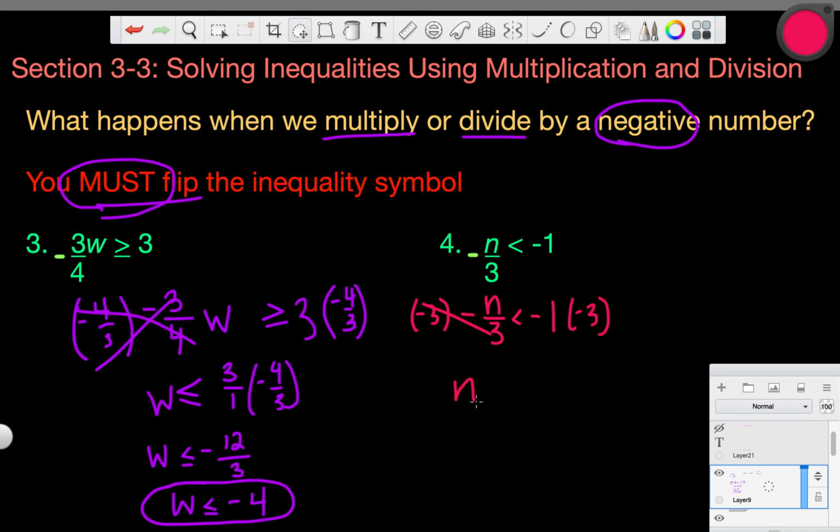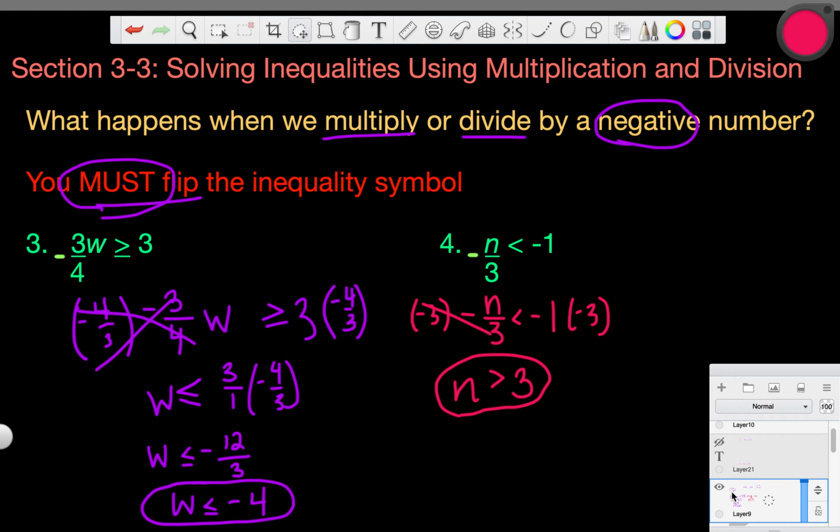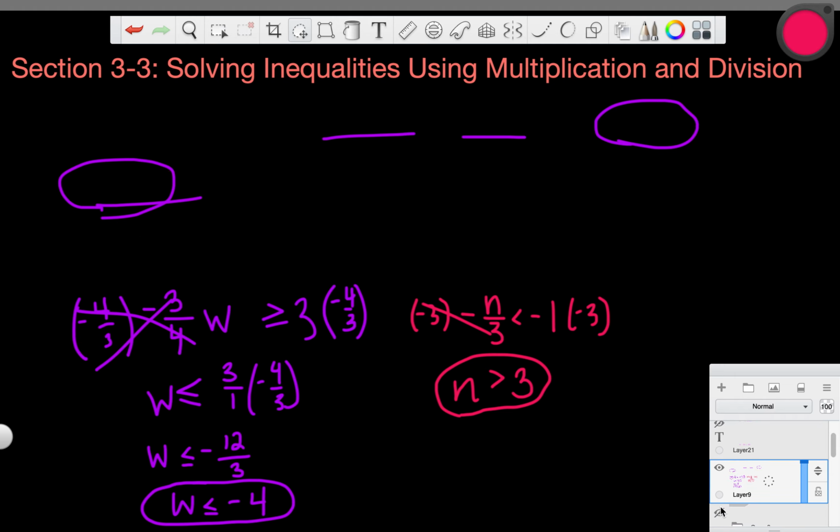So I'm left with n is greater than, because I needed to flip my sign from a less than to a greater than because I'm multiplying by -3. So n is greater than -1 times -3 is a +3. Okay? So whenever you do that multiplication or division by a negative number, you must flip your signs. Okay? It is very, very important. We're going to do a couple other ones, and then we are good to go.